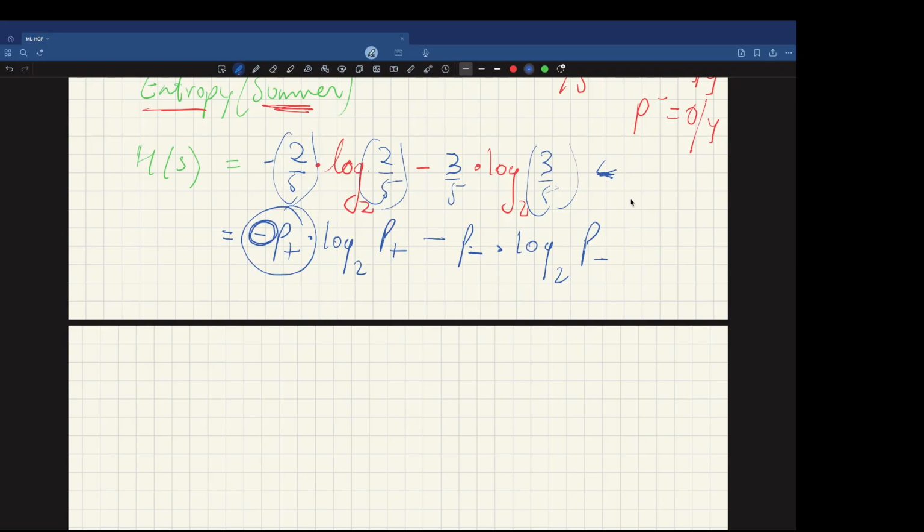Anybody give me the answer for this? I'll not do it, you guys have to do it. Anybody got the answer? Anyone? I got the answer.